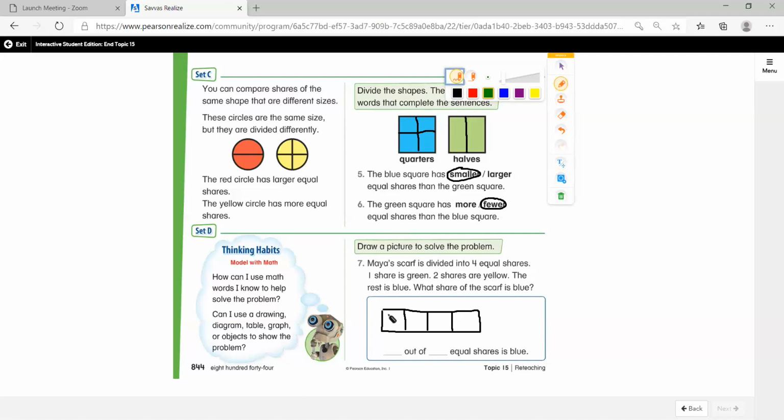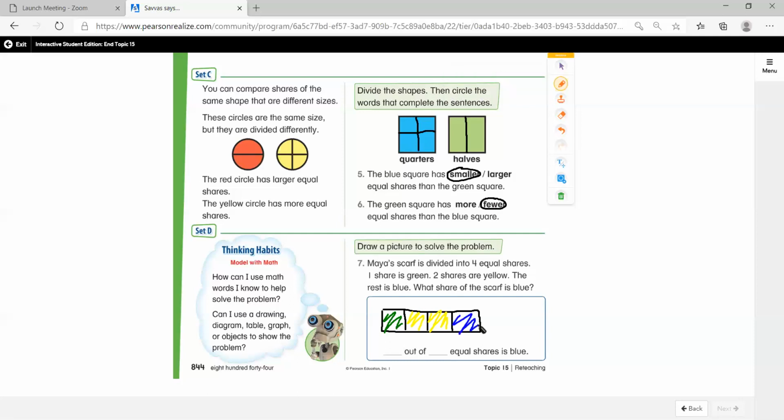So I'll shade 1 piece green. 2 shares are yellow. So I'm going to shade 2 pieces with yellow. The rest is blue. So I have only 1 piece left. I'm going to shade it blue.